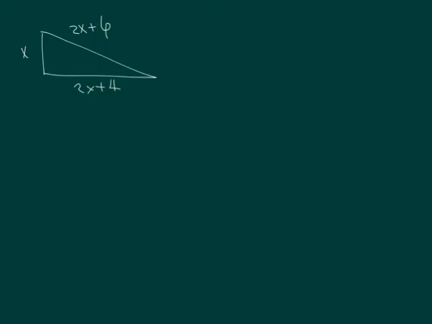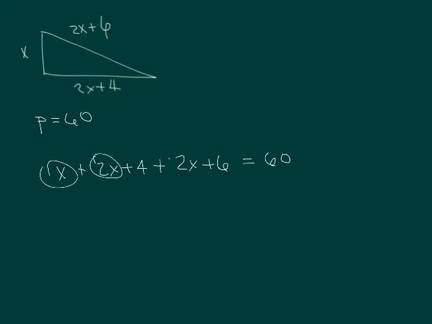This is number 50, and we're given the perimeter is 60. So if we add up all the sides, the x side plus the base plus the long angled side, which is actually called the hypotenuse, we get 60. So we add all these up, common terms like terms, and we get 5 x's.